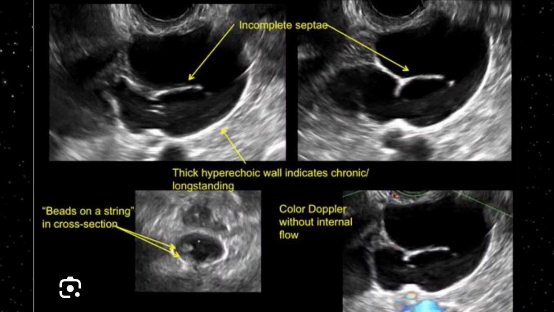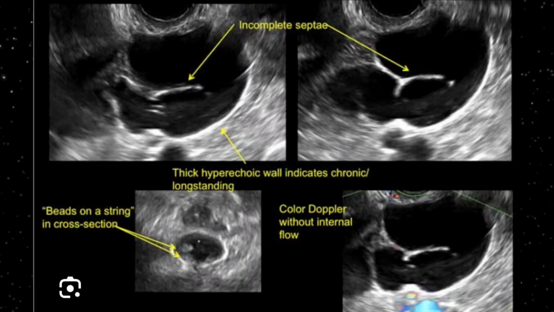Coming to the next, in the lower images, you can appreciate beads on the string that has been shown in the cross section. This is actually the fallopian tube, and in the fallopian tube you will appreciate small beaded formation which is called beads on a string. So this is another important sign, mucosal irregularity and nodularity of the fallopian tube wall. Whenever the internal mucosa of the fallopian tube gets beaded and shows small focal dilatation, it will appear as beads on the string.